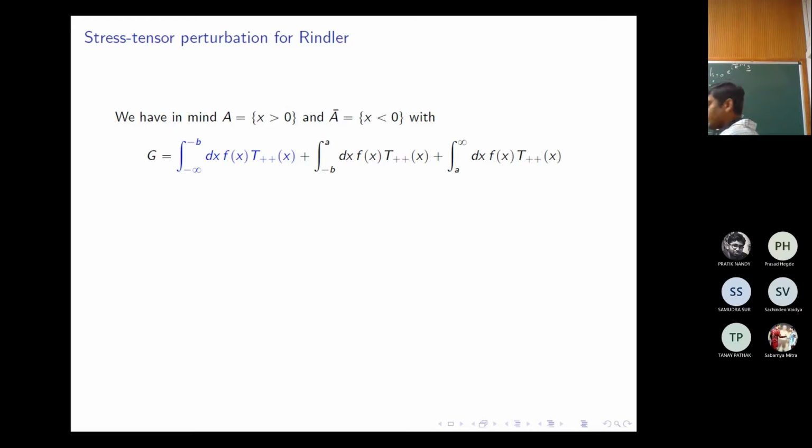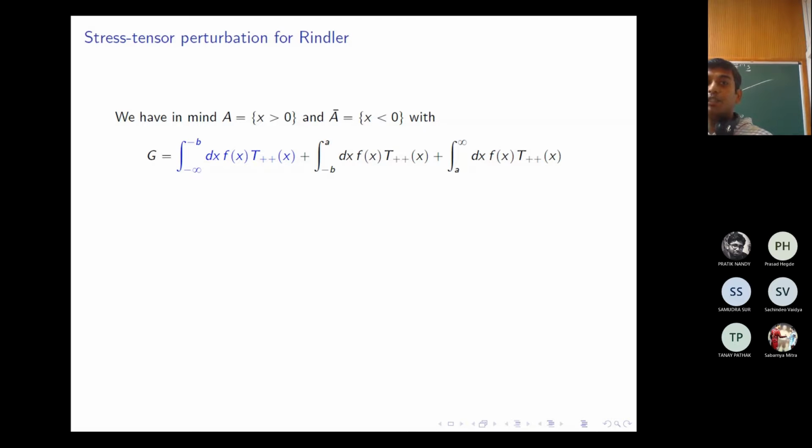It doesn't matter, because as long as we are focusing on the endpoint contribution, this part is what is relevant across the endpoint. Otherwise, the perturbation can be all over the space. I don't care. So this is my G in this case, and I have divided it into 3 parts. So minus infinity to minus B is only in the A bar region, and this A to infinity part is only in the A region, and the middle part is what straddles the endpoint.